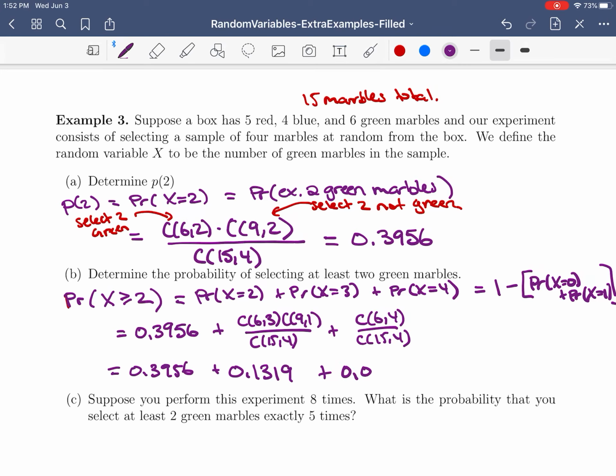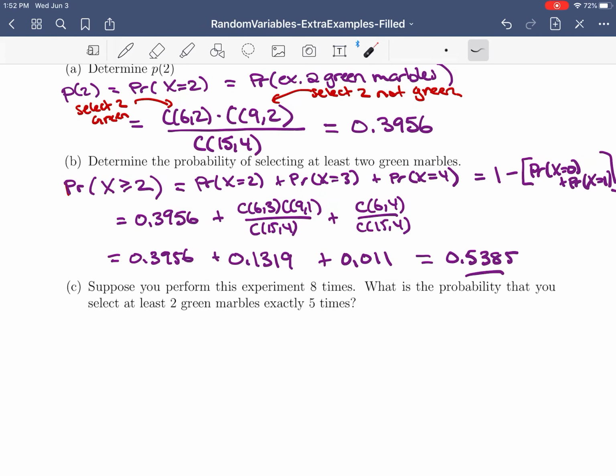And the last one is 0.011, essentially. Okay, so if we add these up, we're going to get 0.5385 as our probability here, approximately.